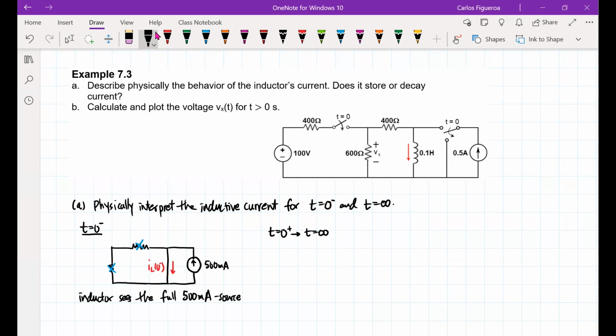The 500 milliamp source is now gone because it's shorted out. Now I have 100. So what I want to do here is convert this into a Thevenin circuit.